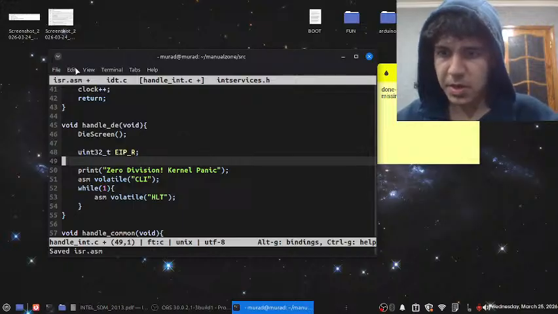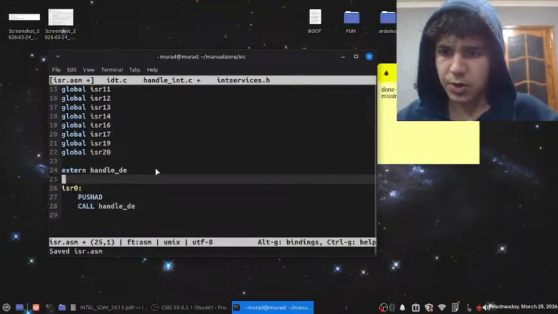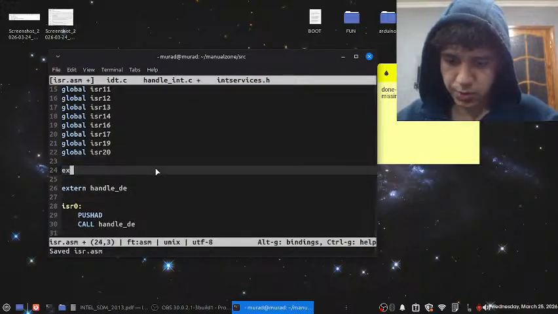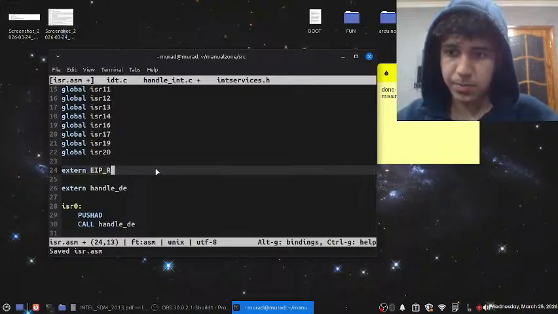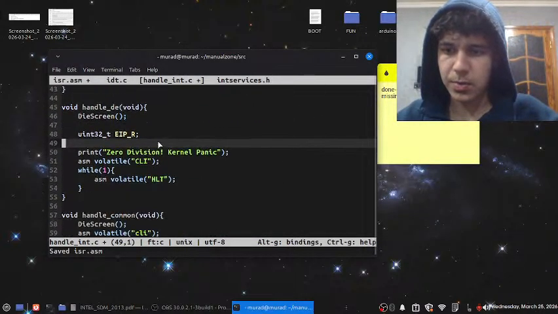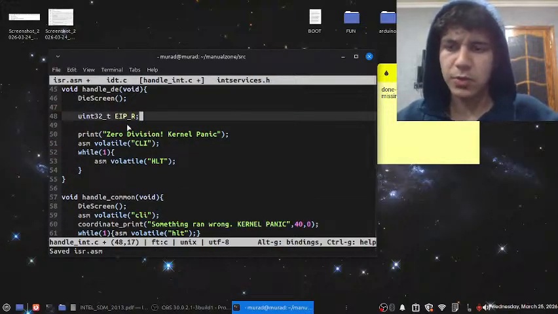The EIPR will be extern handle DE, extern EIPR. R means register. And for page fault, I will add the page fault.